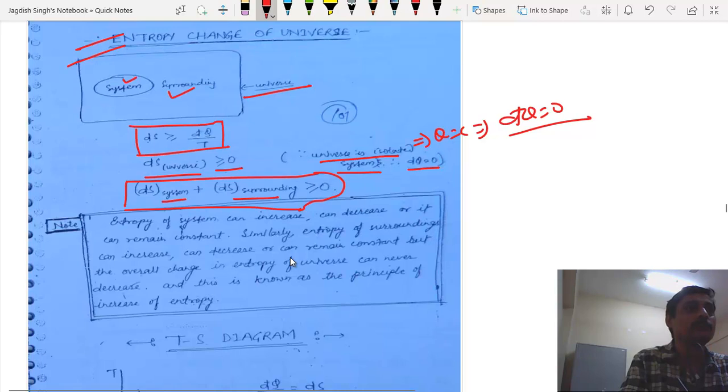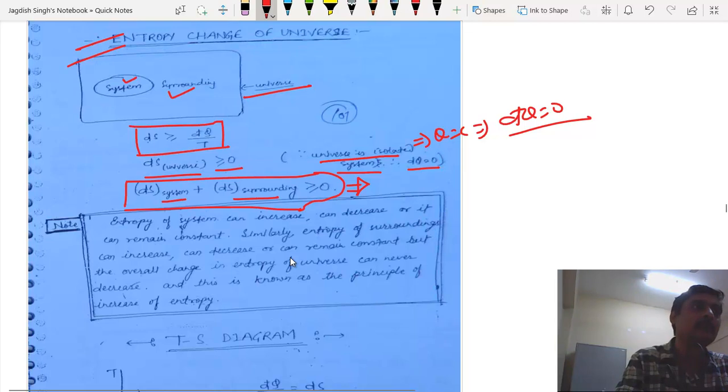And we know that in our universe there is no process that is exactly reversible.